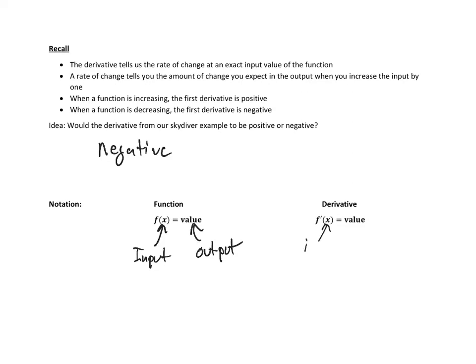So here, x is still an input, but this value is the rate of change at the input. So this notation, f prime of x, is telling us something totally different than what f of x is telling us.